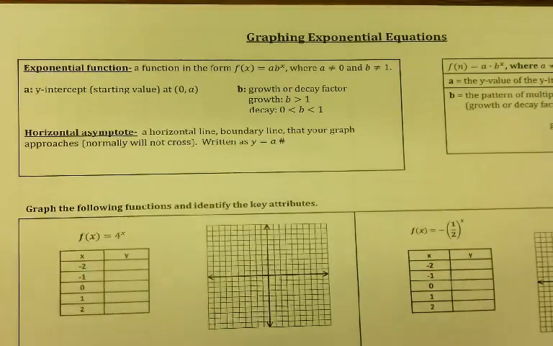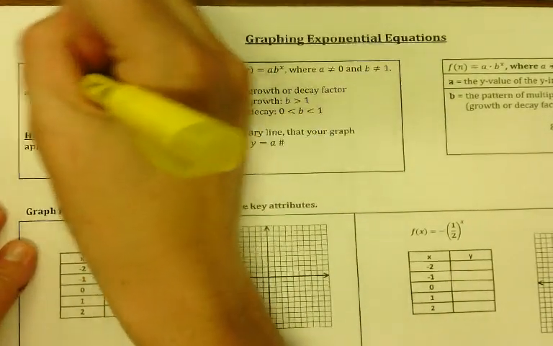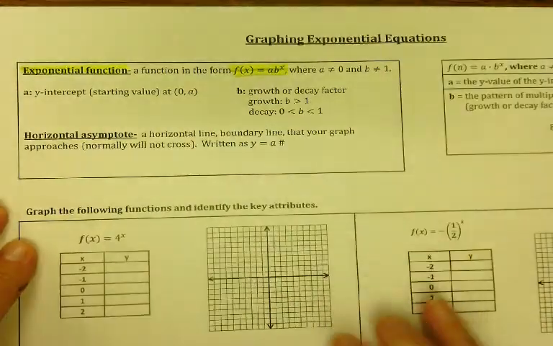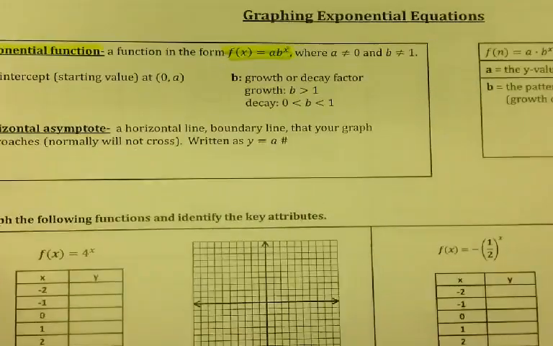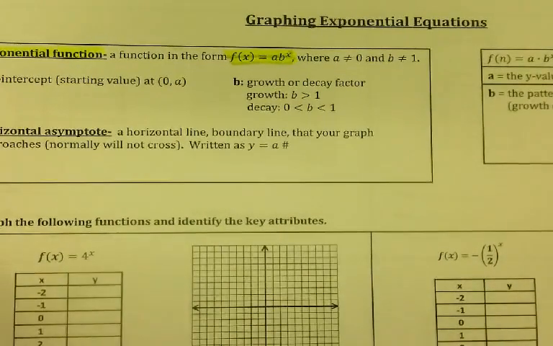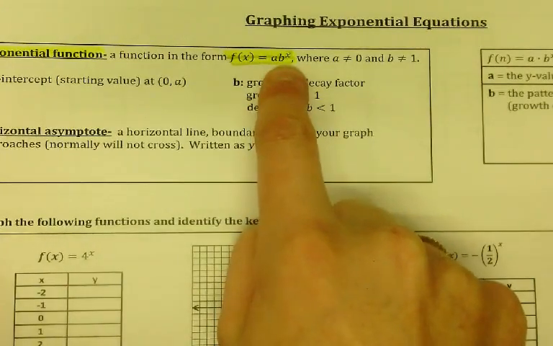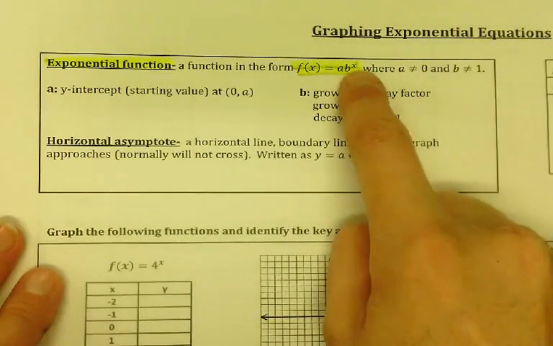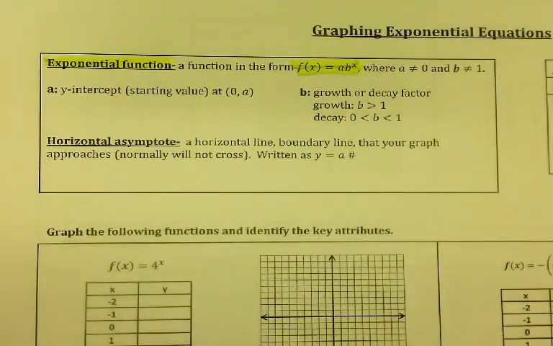The shape of exponential functions is very different. The base exponential function is going to be in this form: f of x equals a b to the x power. You notice exponential functions have our variable, that x, in the exponent.